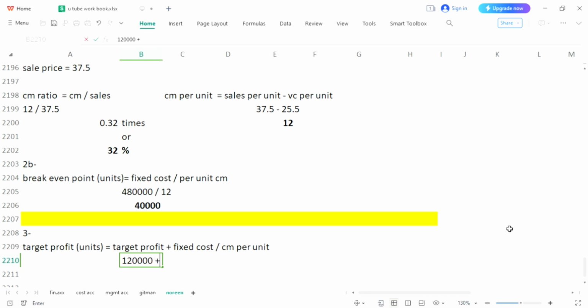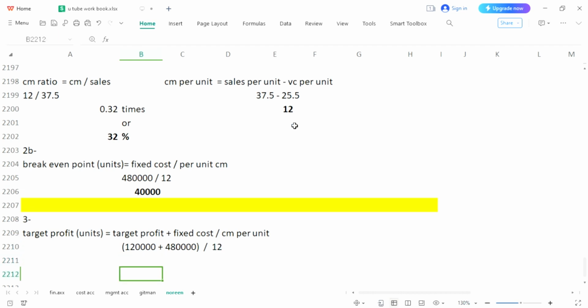So you can put 120,000. Then you need to add fixed cost, which was used in previous part as well, 4,80,000. Since he is asking to take reference of second portion, that is why we have taken fixed cost from previous portion, and you need to divide it by CM per unit, which is 12.